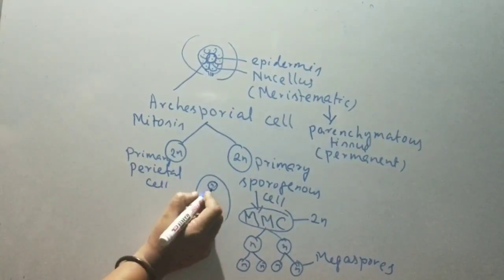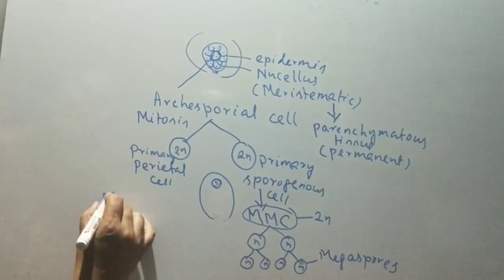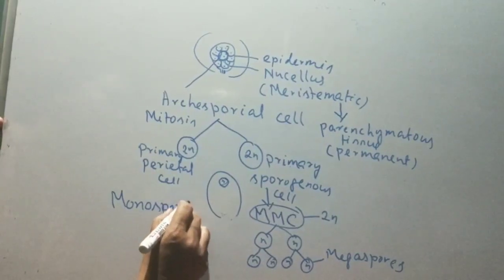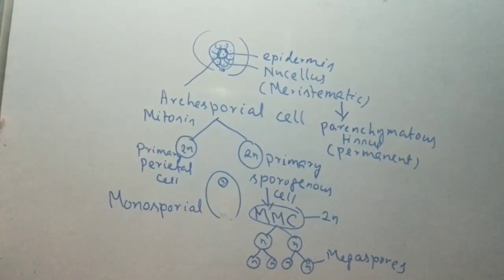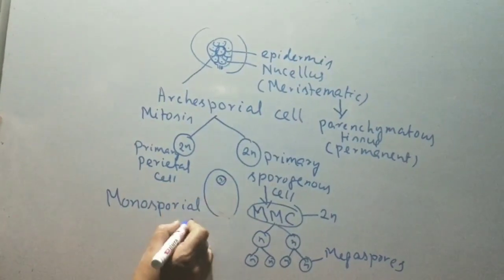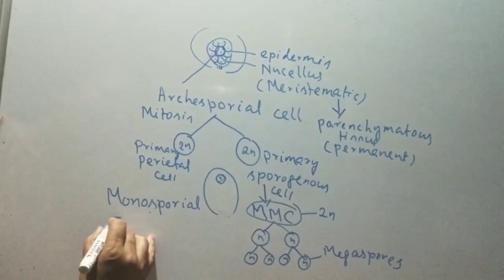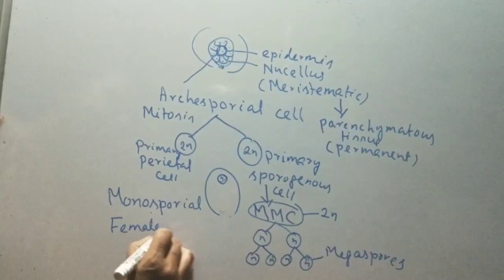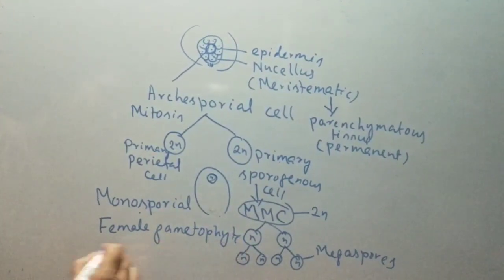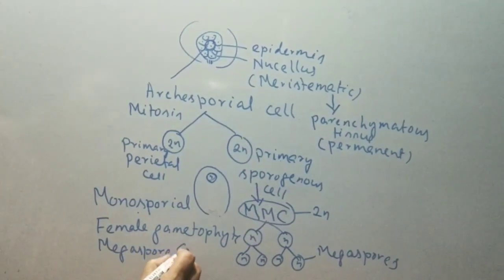Now this is the functional megaspore present towards the chalazal end. This is called monosporial development, as only one megaspore will develop. This monosporial megaspore is the starting of the female gametophyte, having chromosome number n.